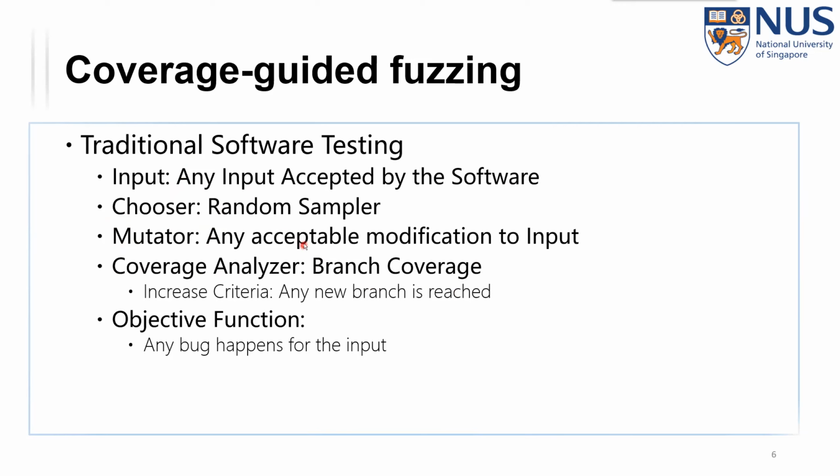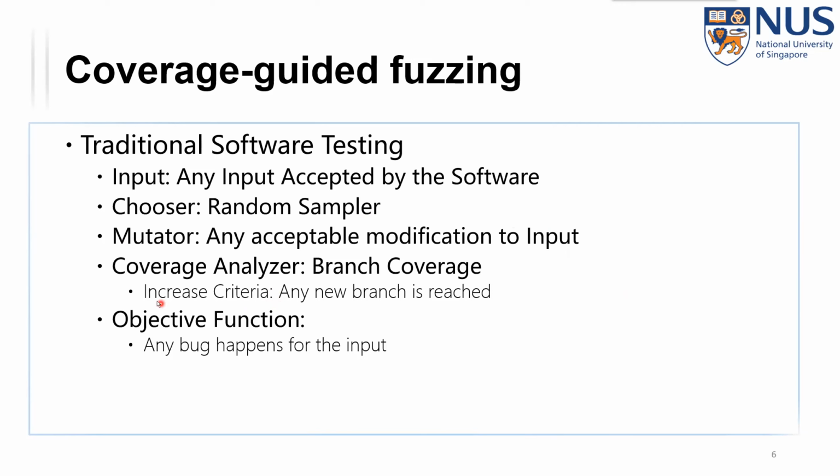So there will be many if or switch statements in software, and if an input leads to a new if branch or switch branch that was not matched before, then this mutated input will be added to the input corpus.